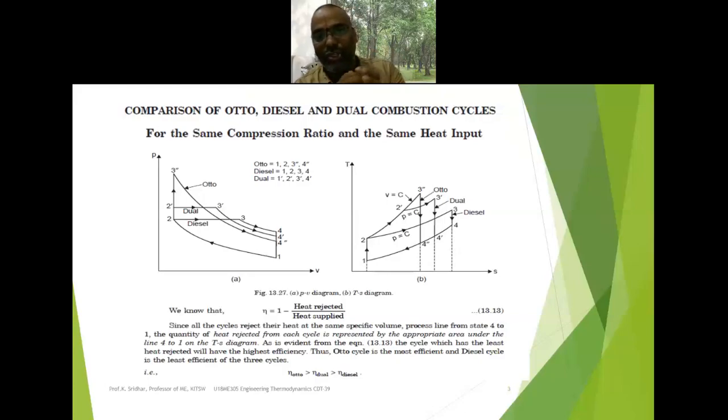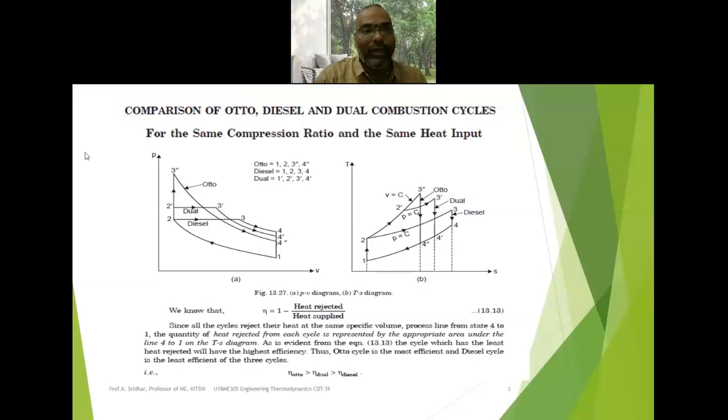In which cycle the area is more, that will automatically give you more efficiency. So that's why it is very important to plot the schematic diagrams of the Otto cycle, diesel cycle, dual cycle on PV diagram as well as on the TS diagrams.